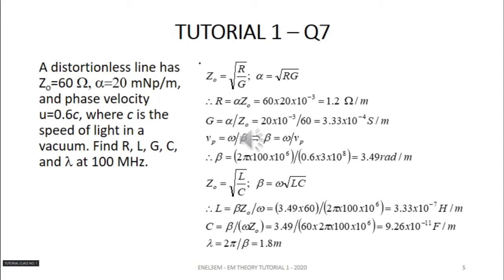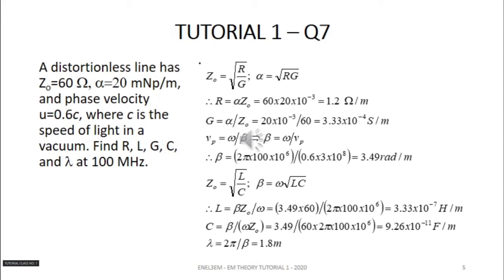Now, we also are given that our Z naught is 60, but we know that our Z naught is equal to square root of L over C, while for a distortionless line, beta is equal to omega root LC.